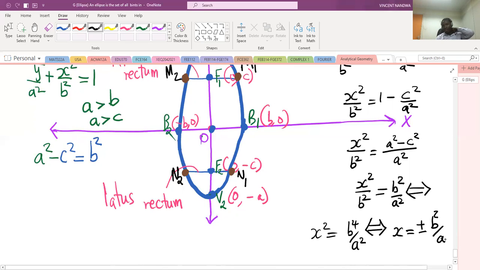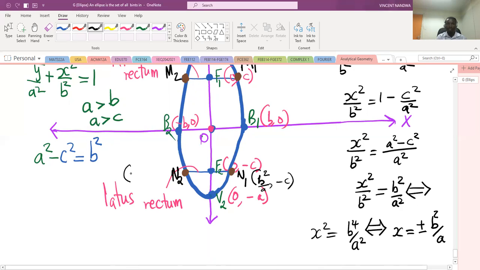So therefore, the ends: x will be b squared over a, and y is c or minus c.